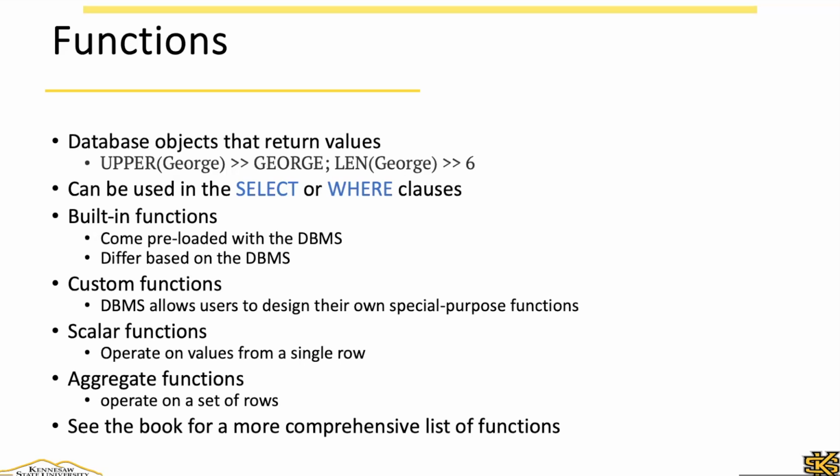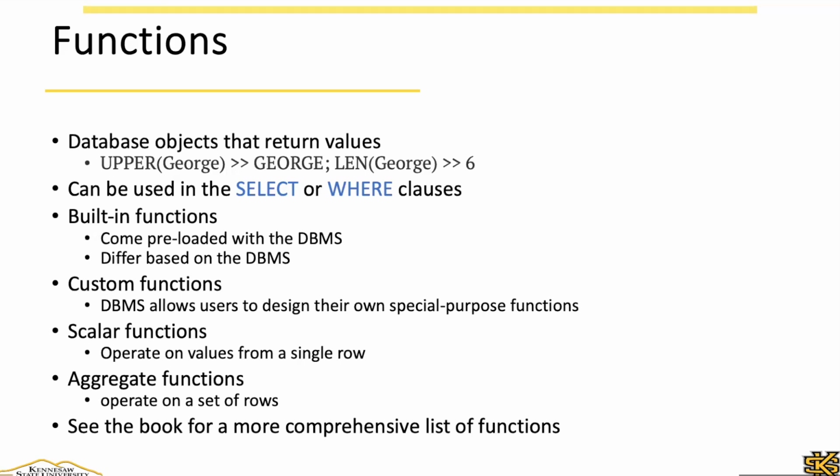Each database management system comes with its own set of built-in functions, and the available functions can vary between systems. For instance, some functions available in Oracle might not be available in SQL Server, or they may use different keywords or syntax. For this reason, it's important to consult the documentation of the specific DBMS you are using. Additionally, most DBMSs allow users to create custom functions for special purposes.